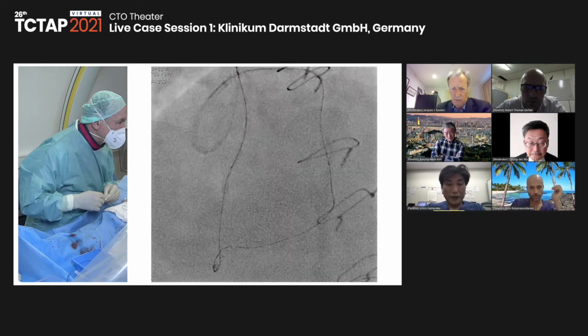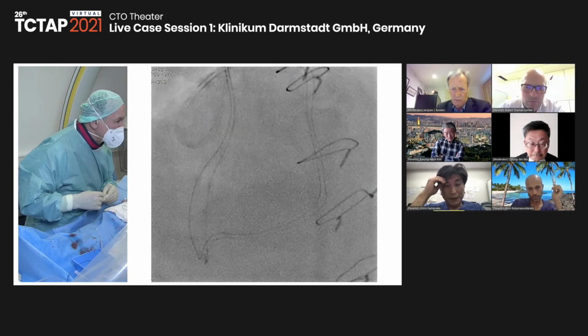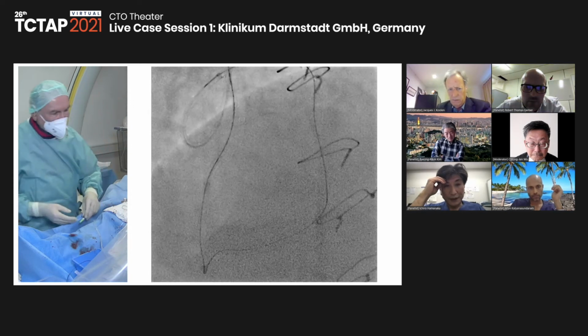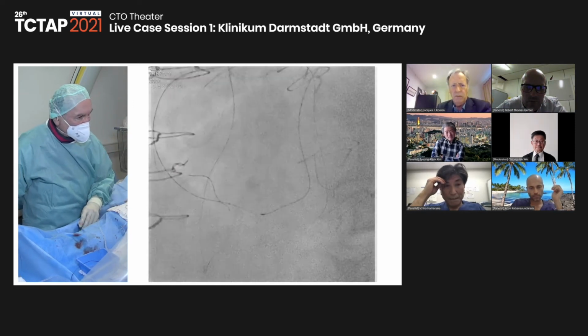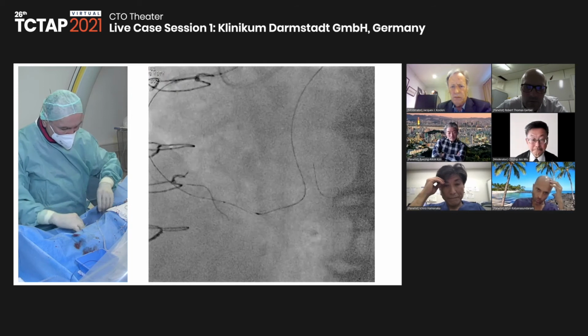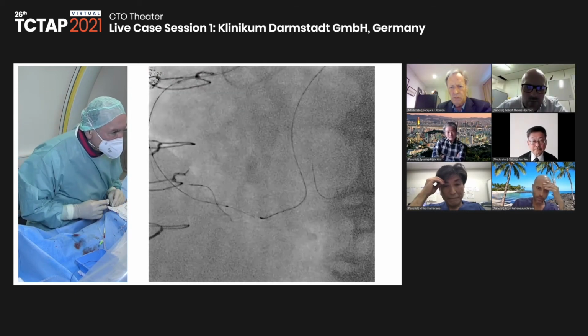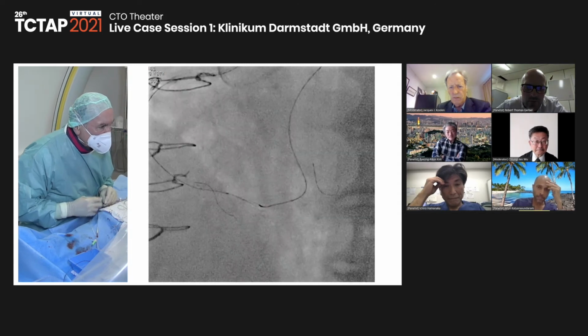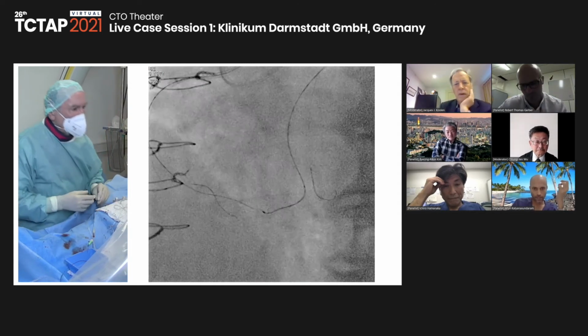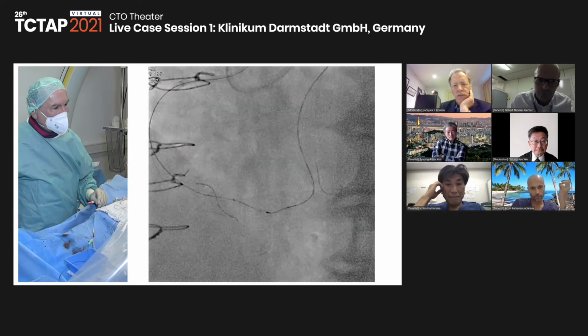So as the next step, you're thinking about the reverse CART technique. Yeah, first I need to get my retrograde wire a little bit further up. I'm thinking about switching the wire, or I leave it here and do dilatation.